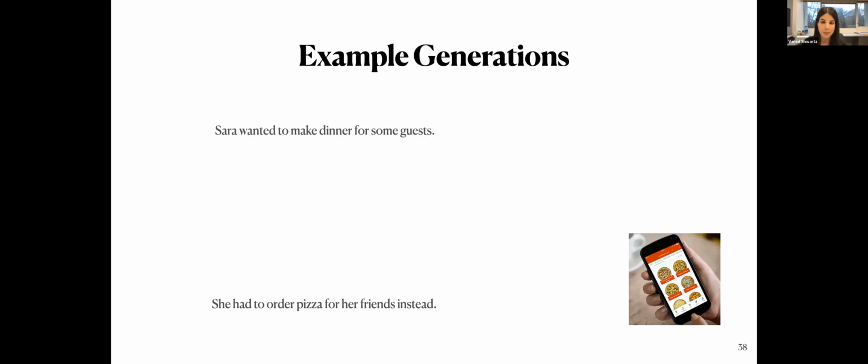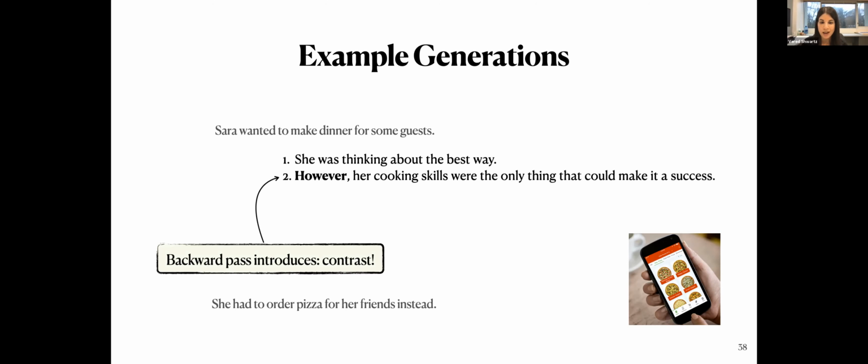Let's look at the example of 5 iterations of generations for this dinner example. The first generation is "she was thinking about the best way." That doesn't yet make sense. The second one is, "however, her cooking skills were the only thing that could make it a success." Again, it's a little bit contradicting.